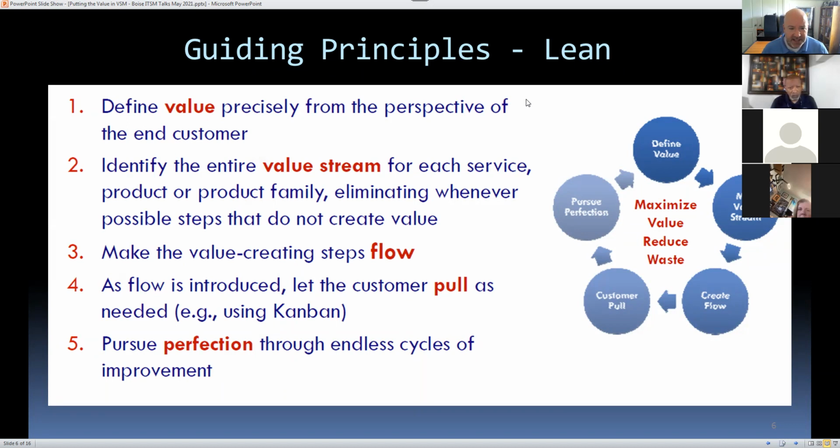I'm not going to go through all these in detail, but you see number 2. We obviously start with value and defining what that is, but then we identify the entire value stream for each service, product, or product family, and then we work to look for things that are not creating value, i.e. potentially waste.